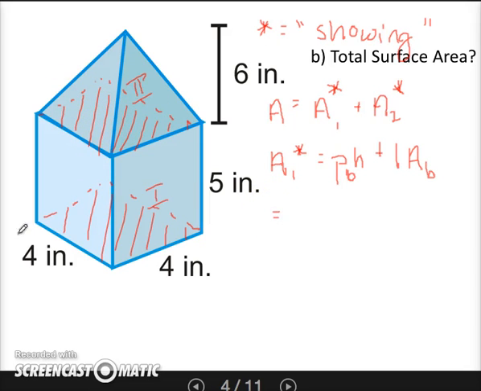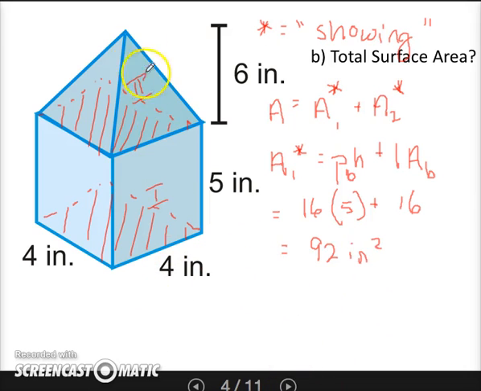The perimeter of the base, if we take a walk around this base, is 16 units. The height of this prism is 5 inches. The area of the base is 4 times 4. It's a coincidence that in this case the area is the same as the perimeter. So we have 16 times 5 plus another 16, which gives us 96 square inches.